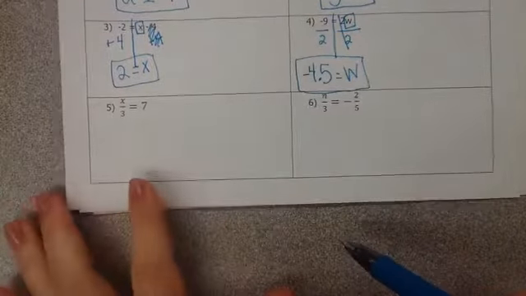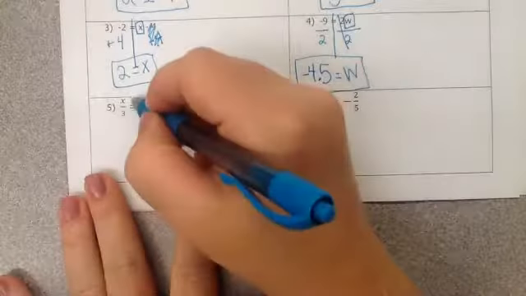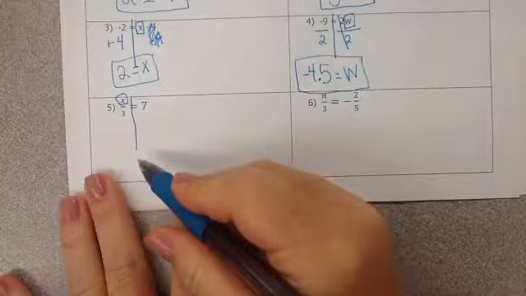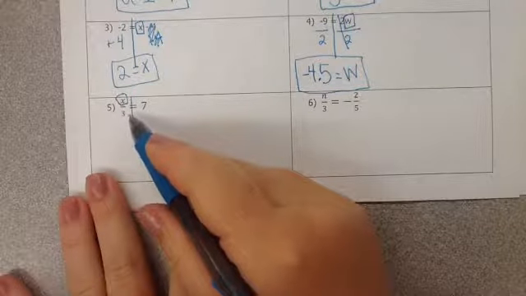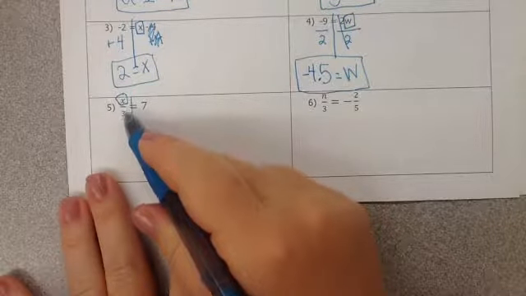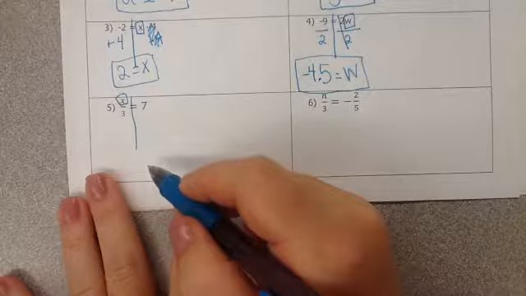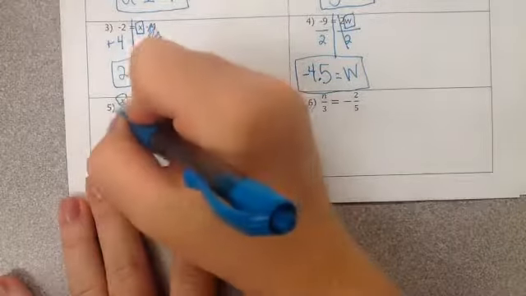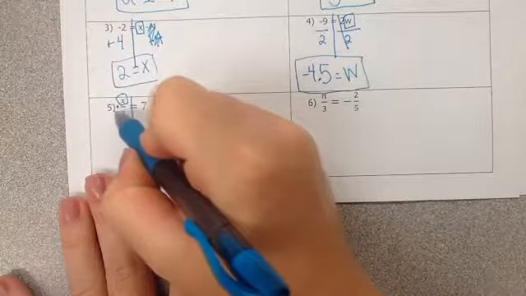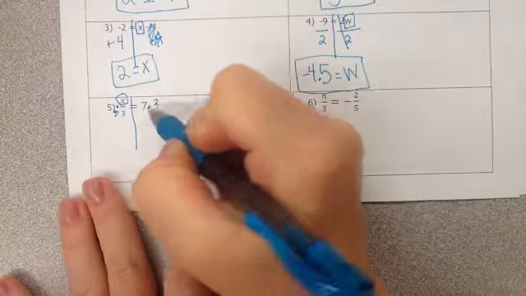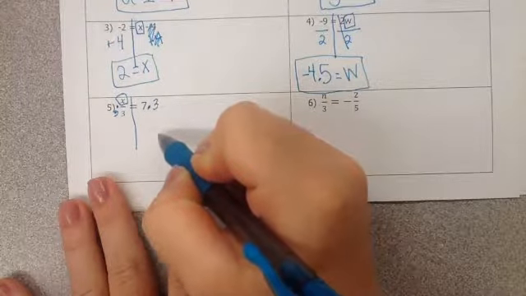When we look at number 5, here's my variable x. What is with this x? A divide 3. This fraction bar is a divide 3. How do we get rid of a divide 3? Times 3. And what I do on one side, must do to the other.